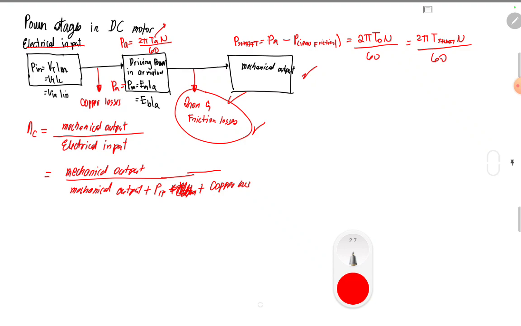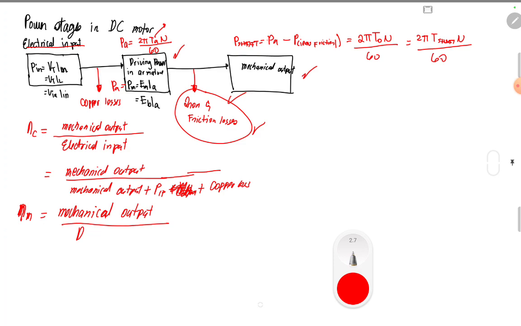Next is our electrical output. The efficiency of the mechanical output is equal to mechanical output divided by our driving power in the armature, or our electrical output.